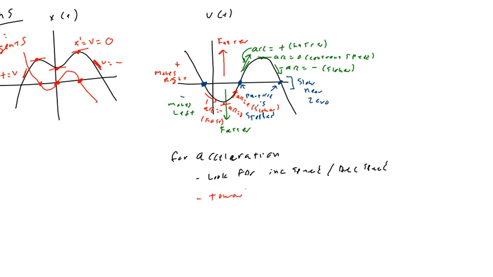Towards 0 equals slower, slowing down. Away from 0 equals speeding up. So just a couple of things to remind yourself about for the acceleration and velocity functions.